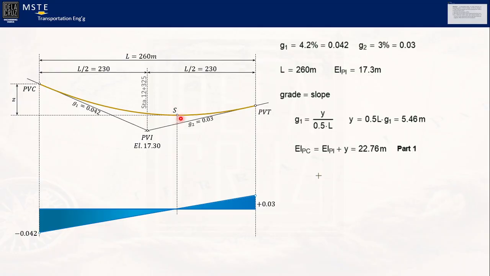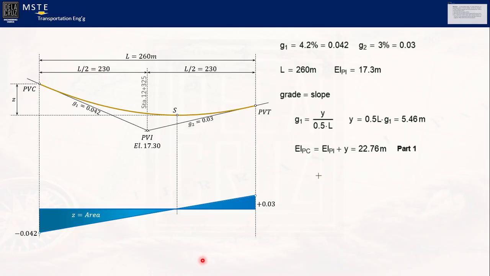Because if makukuha natin yung difference of elevation nila, then the elevation of PVC minus Z, that would be the elevation of S. So sa grade diagram, Z here is equivalent to the area of the grade diagram under these 2 points. That means Z here is equivalent to this portion. Ito, area ng triangle. Yan yung difference of elevation nila.